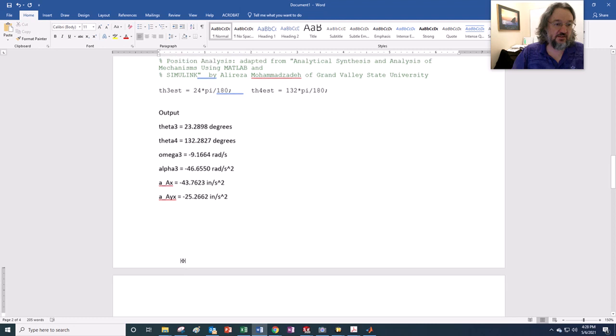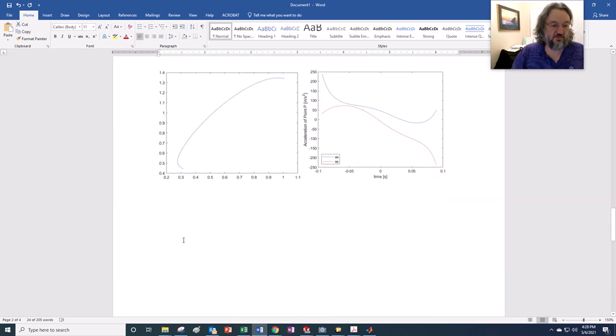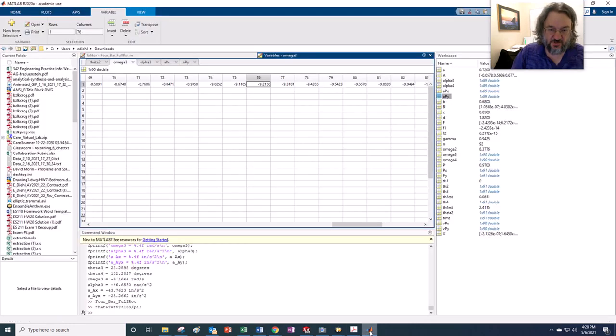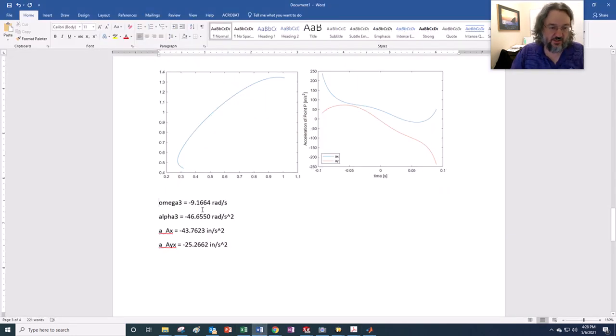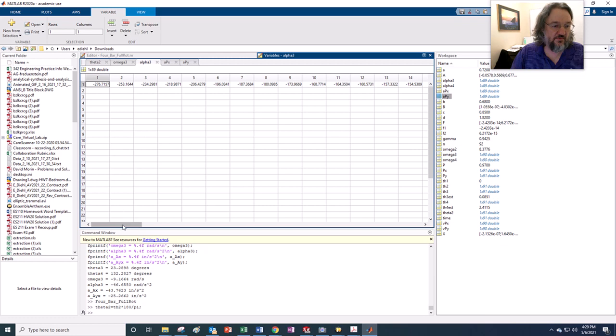Let's put all these things in there, right? Theta 3 is, let's not worry about that one. This is our 76, so let's see what we have. There you go. And alpha 3, that's 76.